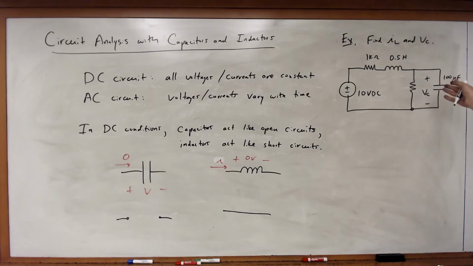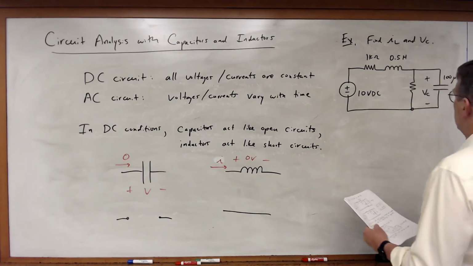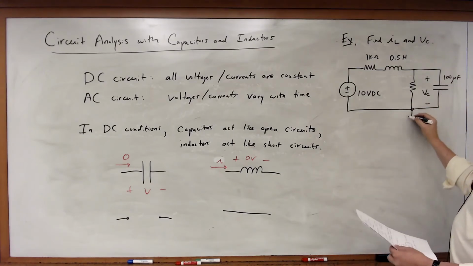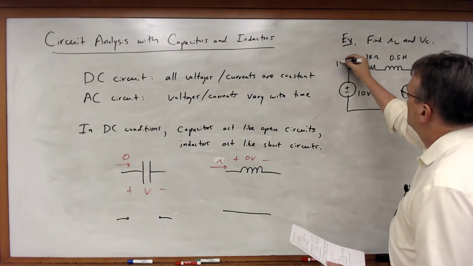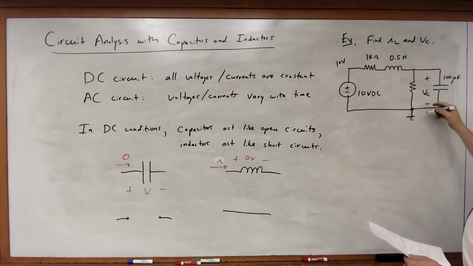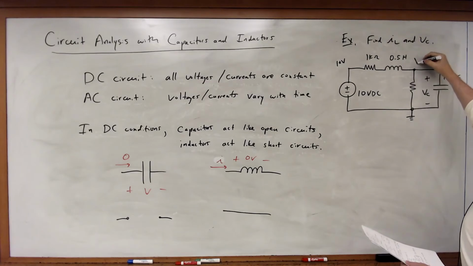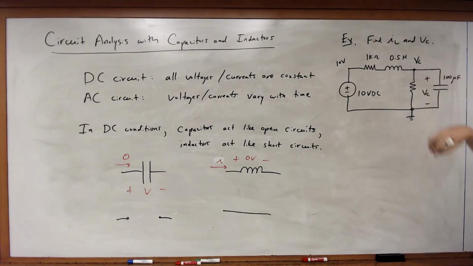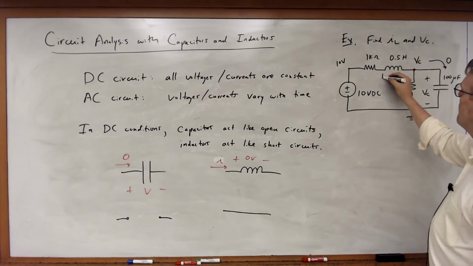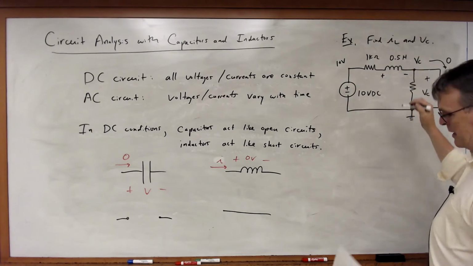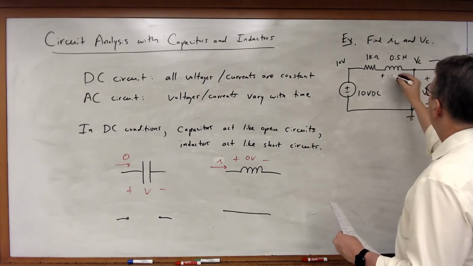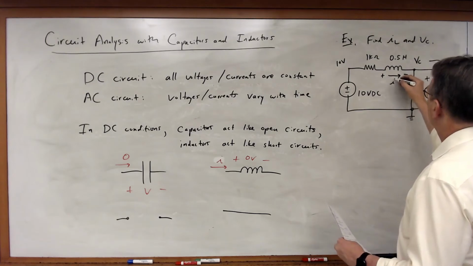So in this case, I want to go and find this. Well, actually, it's not that difficult at all. If I ground that node, this is 10 volts. This is VC according to the way I defined this. That current is equal to 0. I also know the voltage across this, and actually I forgot to draw the IL, so I'll add that.